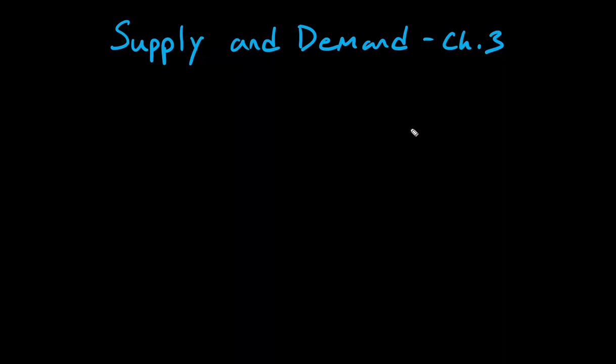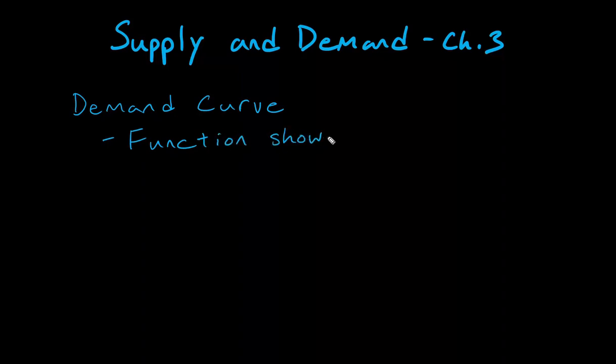So most of the time, when we are talking about demand, what we are referring to is the demand curve. So the demand curve is a function showing quantity demanded at different prices.